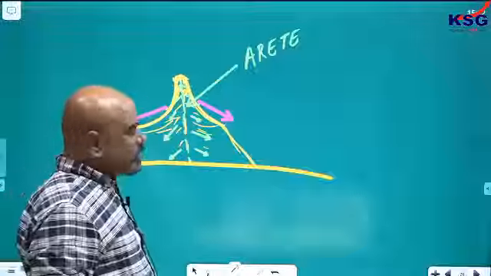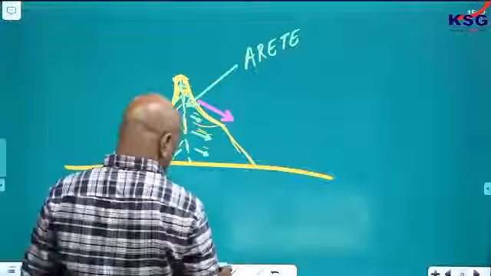But what is this U-shaped valley which is formed because of this?